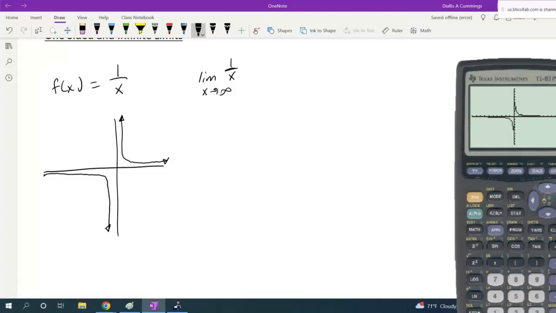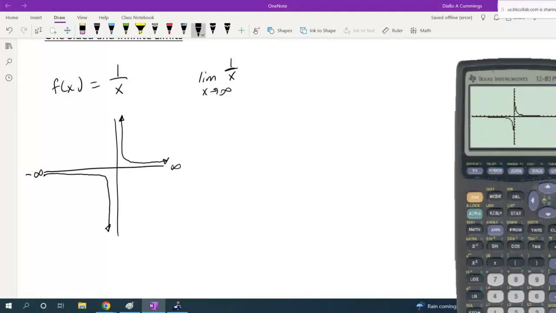All right, so what does this actually mean? Well, on our graph, we have positive infinity to the right and negative infinity to the left. That means as x gets bigger and bigger, it never stops and it never ends.